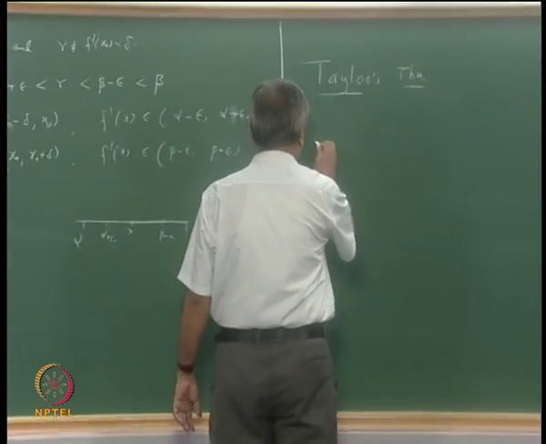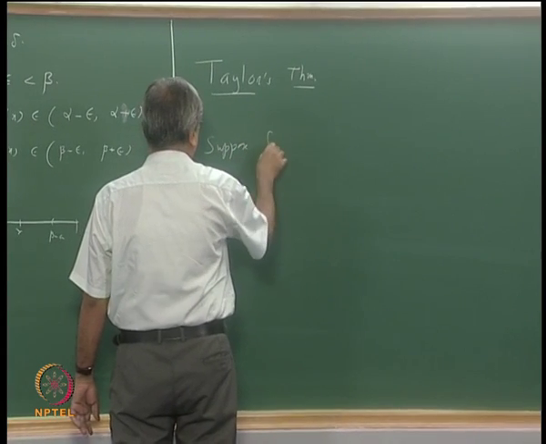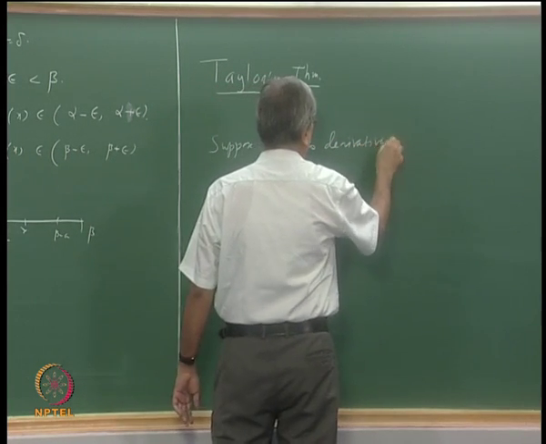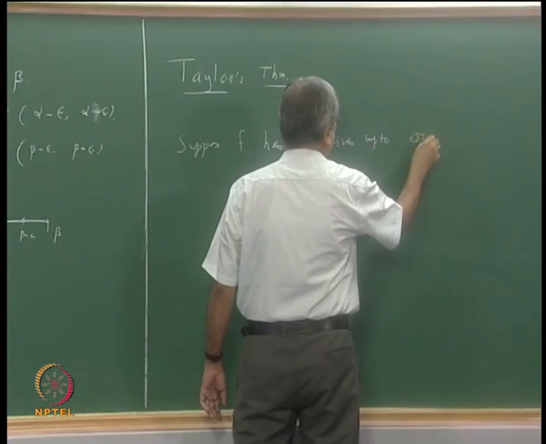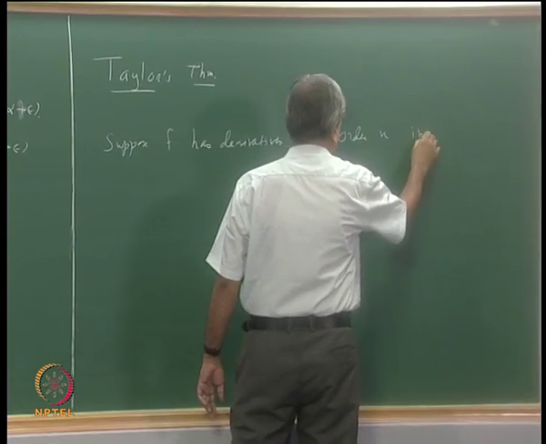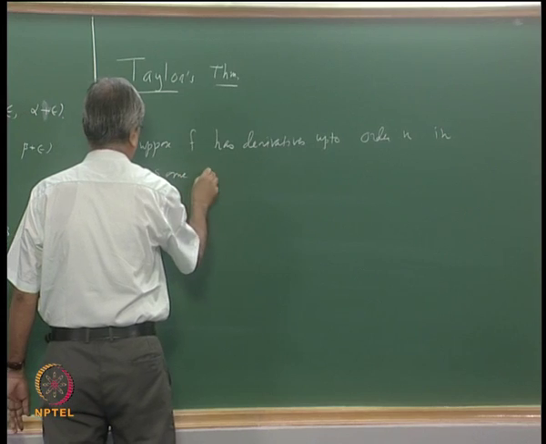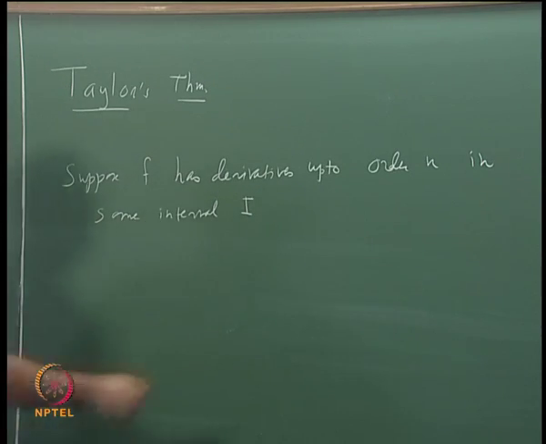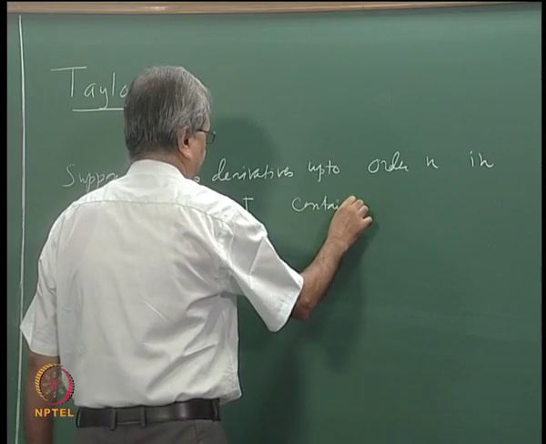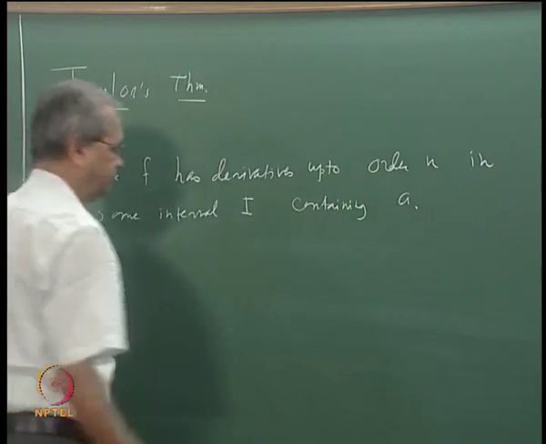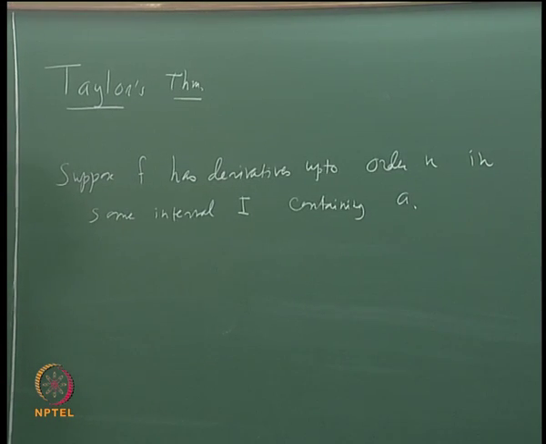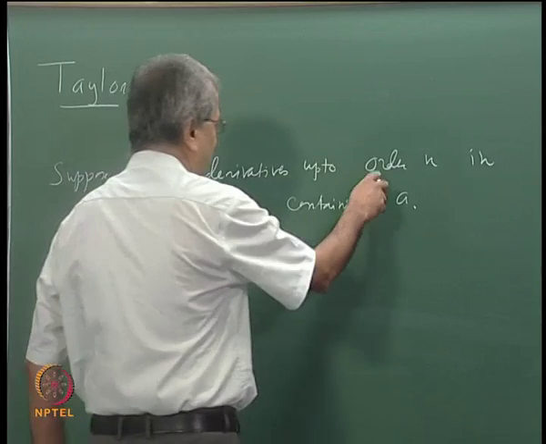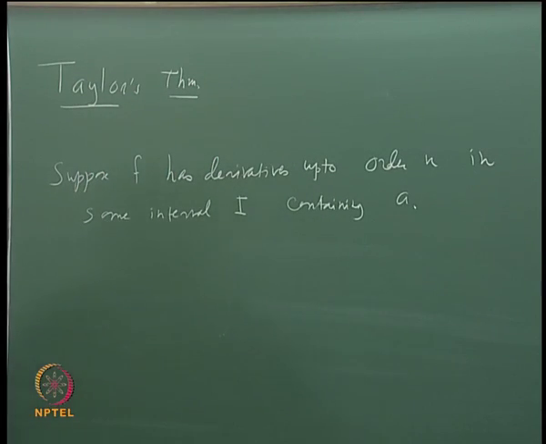Suppose f has derivatives up to order n, let us say in some interval I containing the point A. Now suppose we want to find a polynomial of degree n.